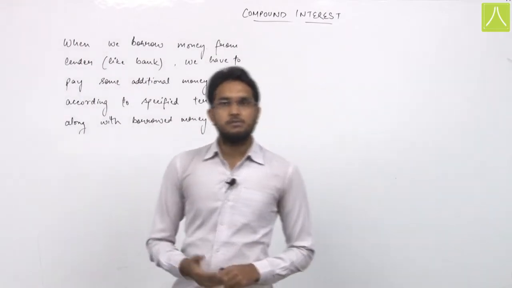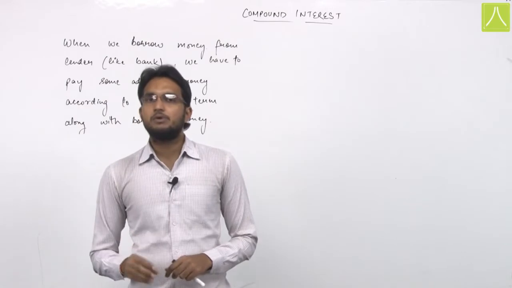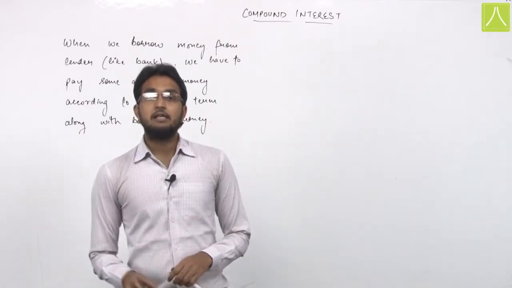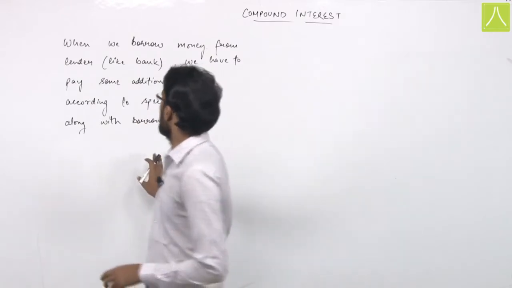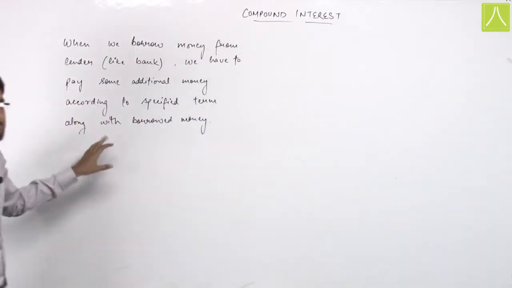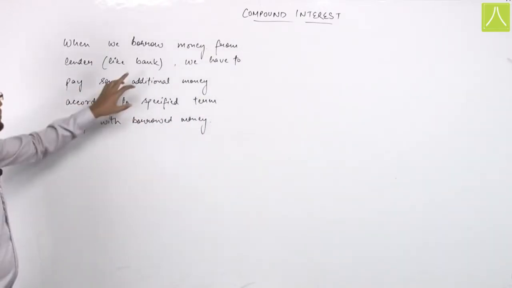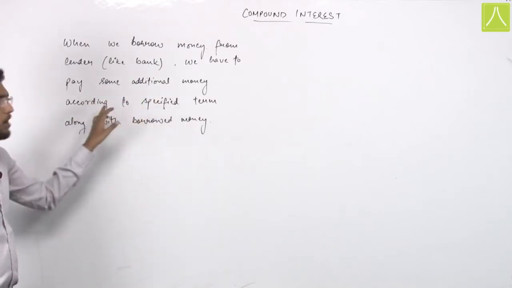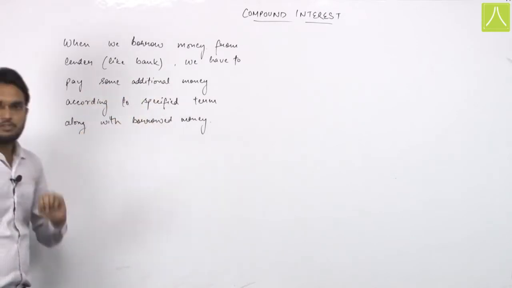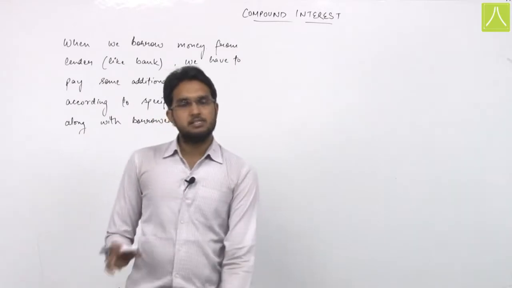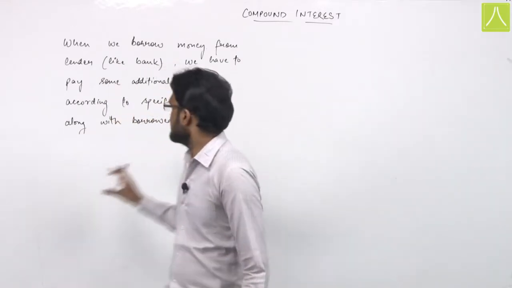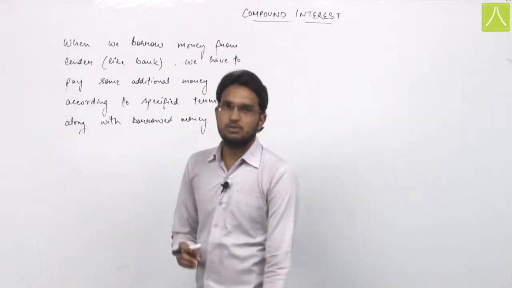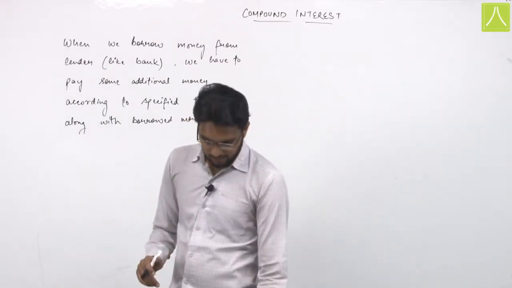That additional amount is called the interest, and the specified time is called the time duration of that period.